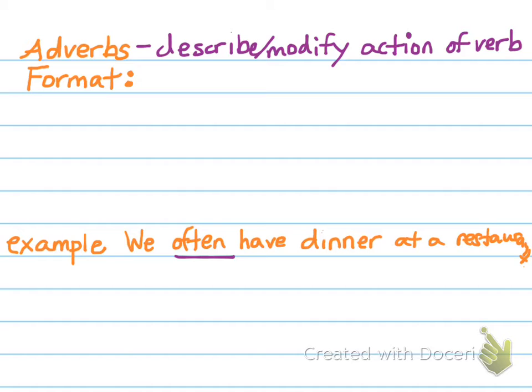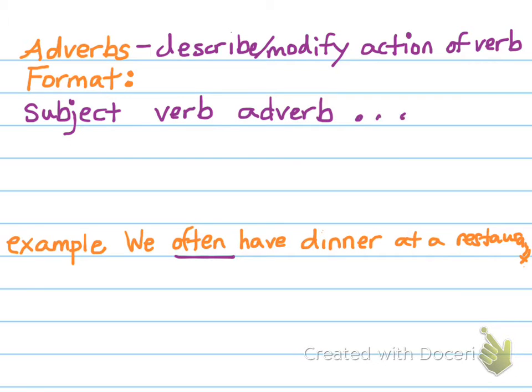So the format of a sentence in French is, again, we have our subject, our verb, then we always have our adverb, and then whatever else is in that sentence. So if we take a look at this, the word for often is souvent. If we want to write this sentence in French, we, that's the subject, nous. We want have dinner, so that's the verb dîner.